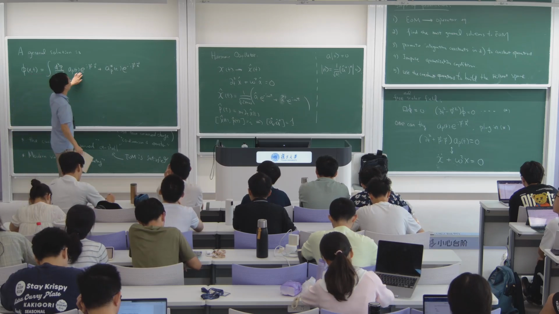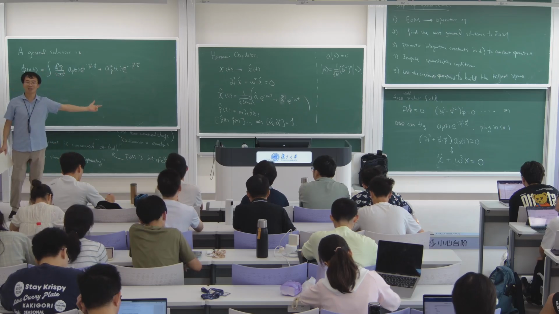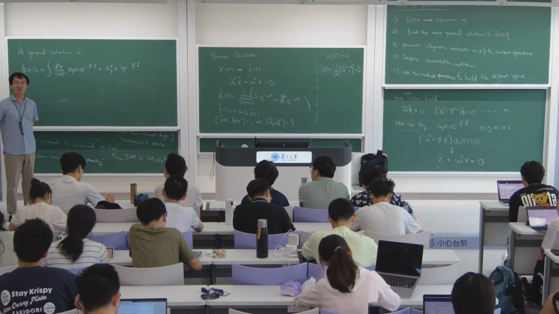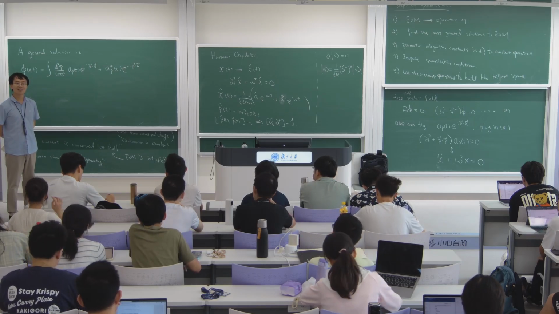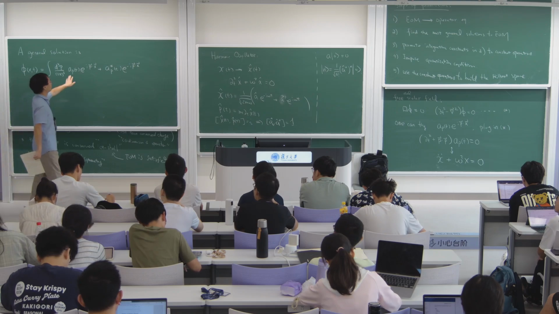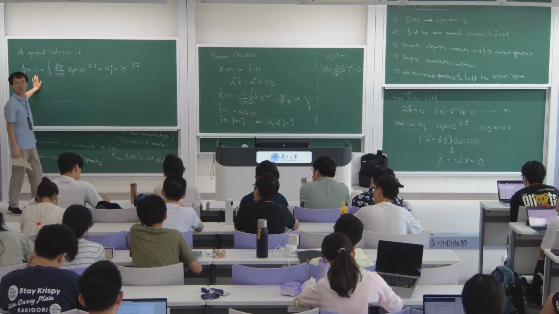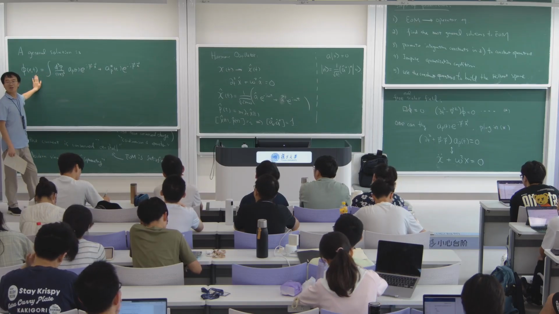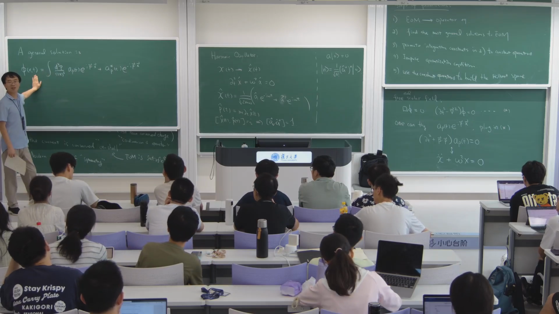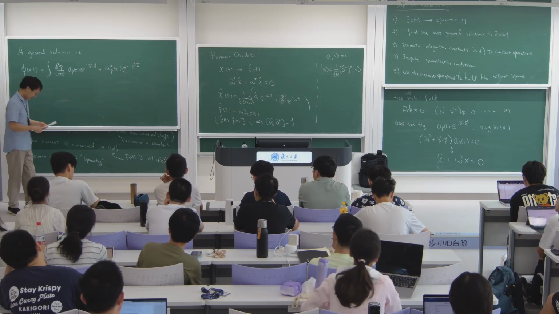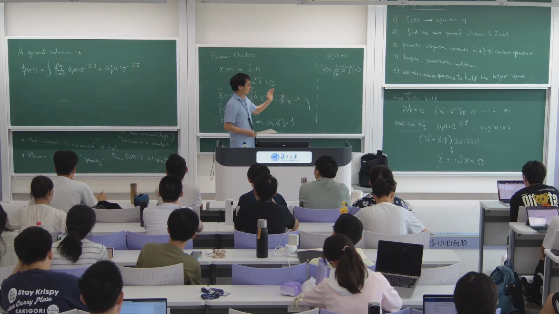I split it into these two pieces for the same reason as in the harmonic oscillator case in the t direction. Remember that the two pieces have coefficients that are complex conjugates of each other, in order to make sure the function is real. Otherwise, you are not sure whether it's real. In this way, it's guaranteed to be real. So this is the most general solution with this Fourier decomposition.